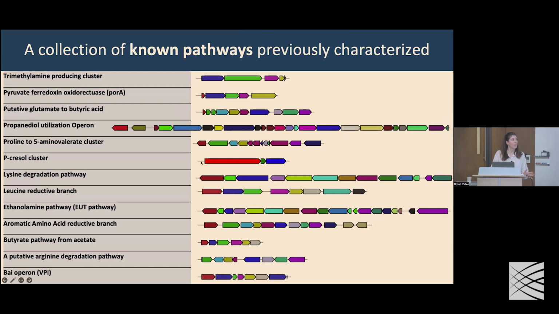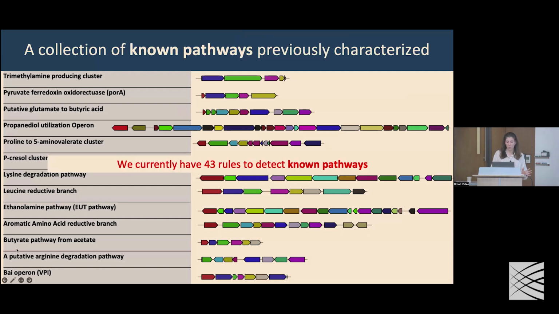As you can see, they look pretty different from each other. Some of them are very short, some of them are very long. And also in terms of reactions, they are very different. Examples are the 3-methylamine producing gene cluster, the p-cresol gene cluster, the ethanolamine pathway, etc.